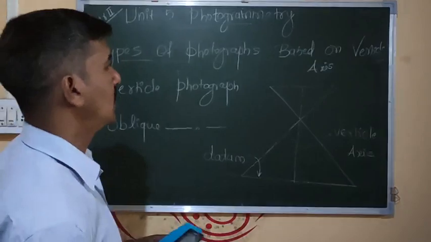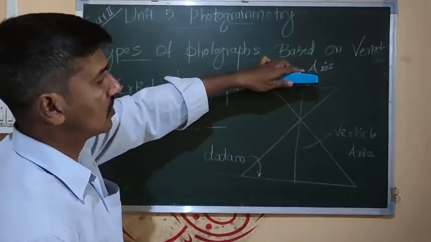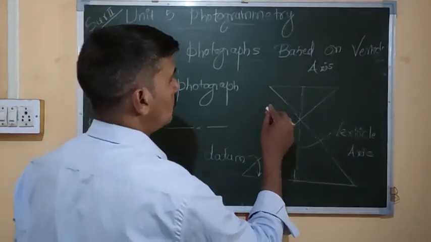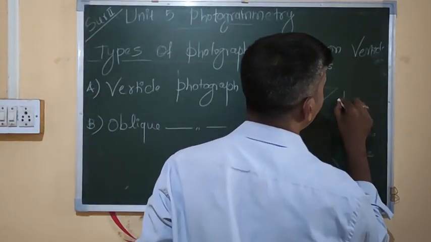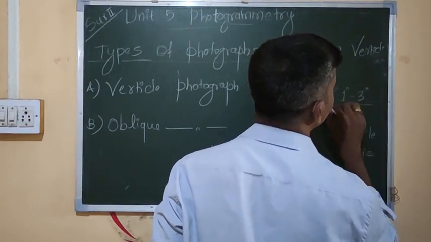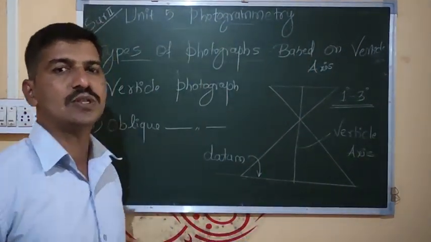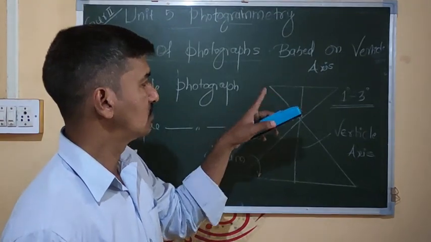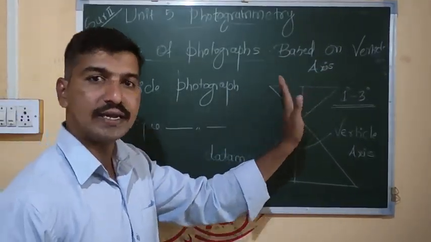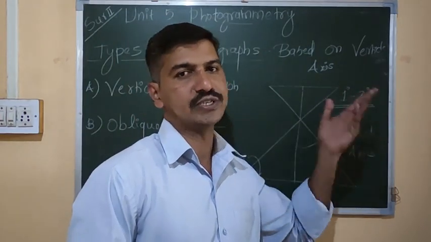Normally, the tilt of the vertical axis that is allowed is 1 degree to 3 degrees. Of course, when the aircraft is moving, there are some chances that this vertical axis may get tilted on both the sides.